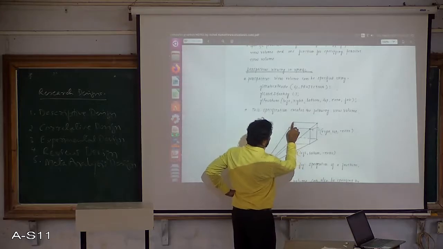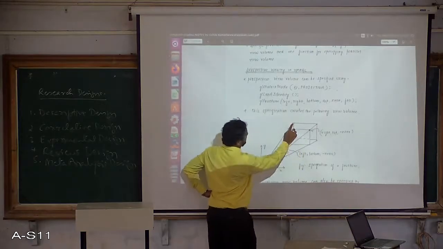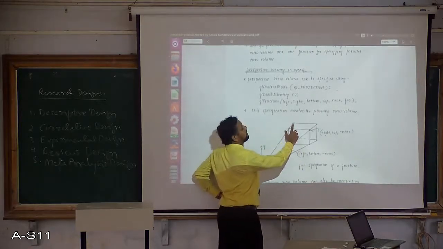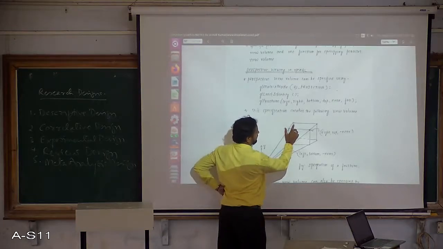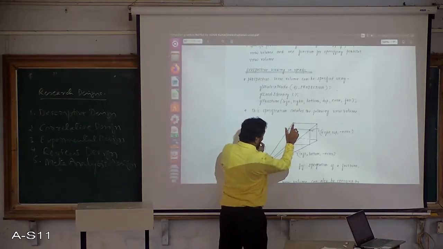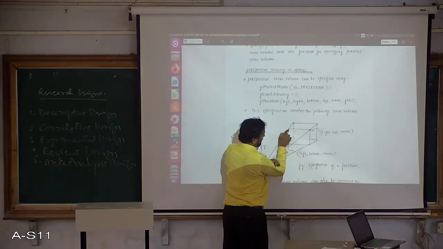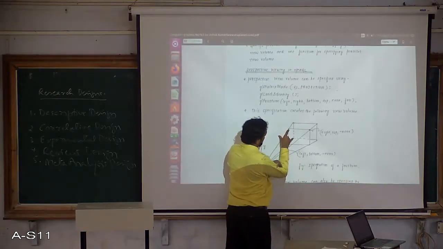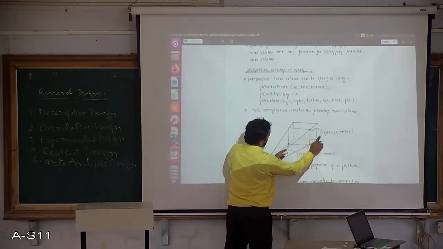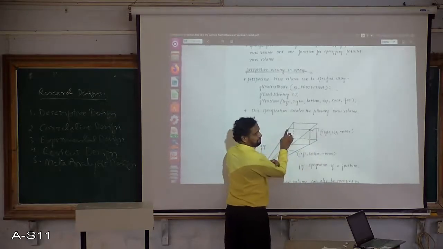Now this point is at the left side, the top side, and far. And this point is at the left side, the top side, and near. The only change is that here it is left.